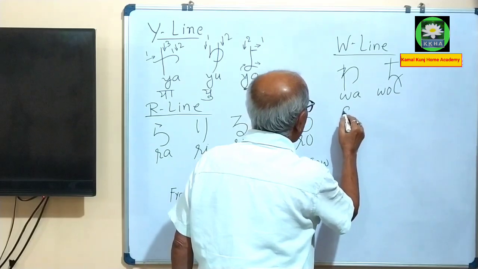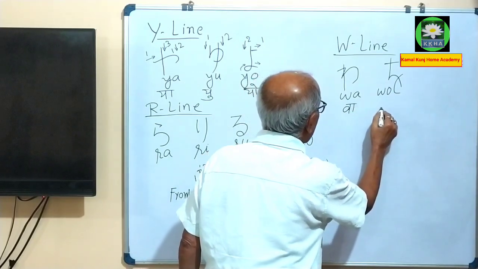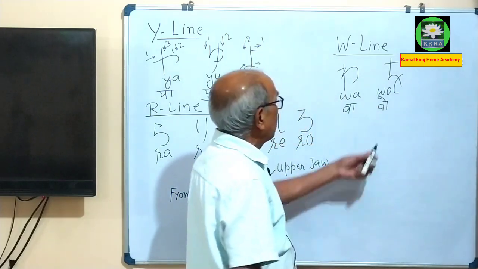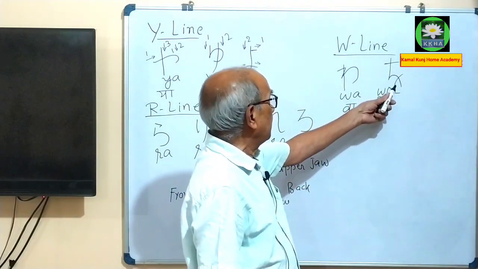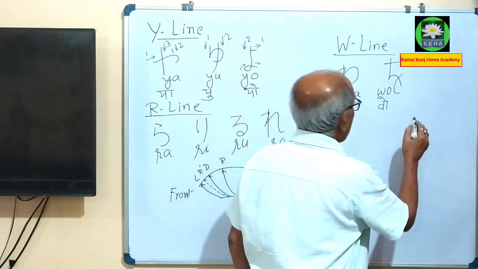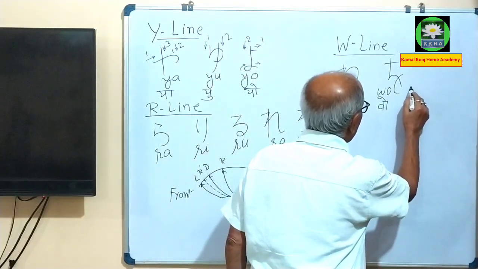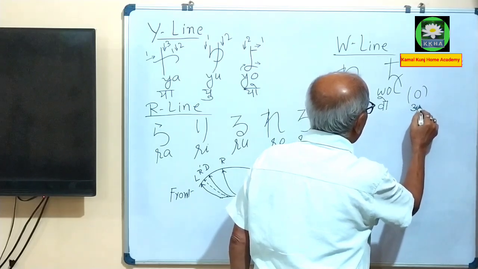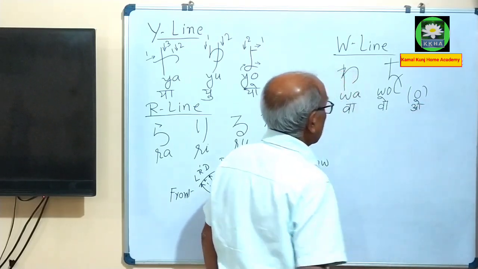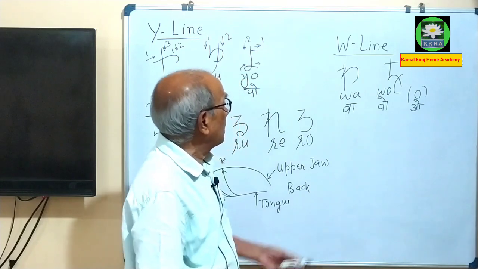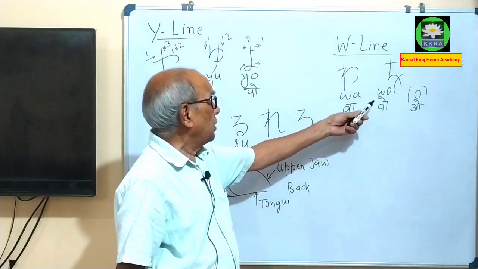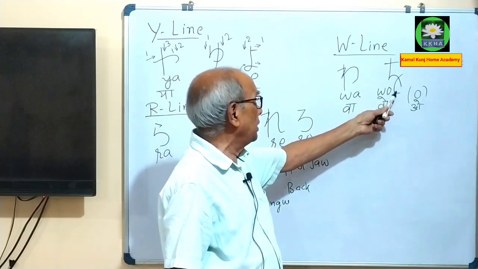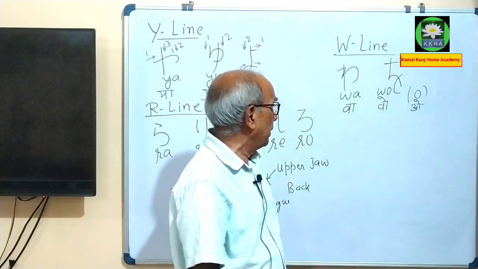In Hindi, Wa and Wo. But when this is used as a particle, it is pronounced as O. So the W-line Hiragana: Wa, Wo, and when it is used as a particle, it is pronounced as O.